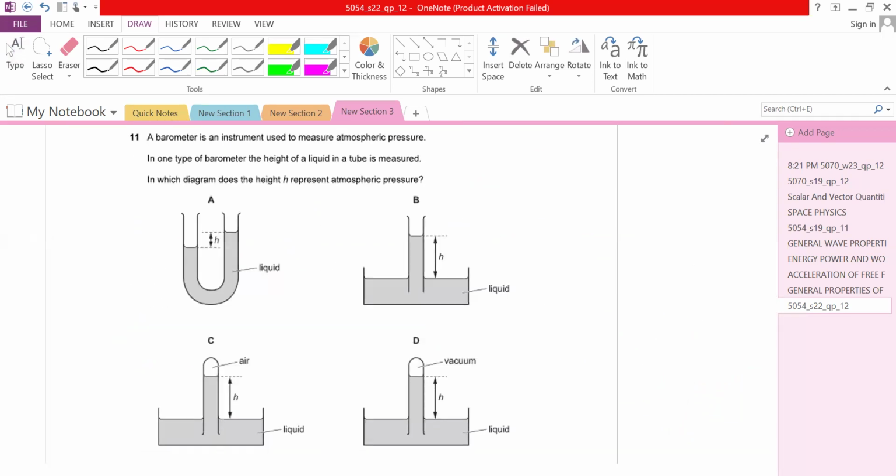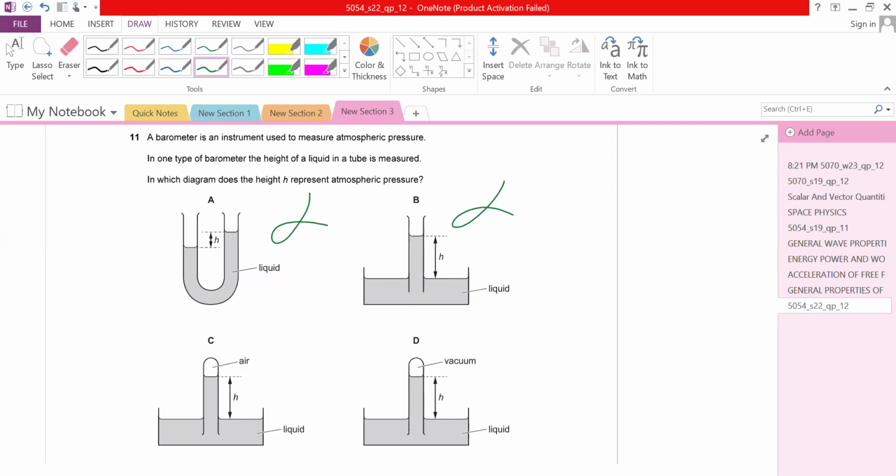A barometer is an instrument used to measure the atmospheric pressure. In one type of barometer, the height of a liquid in a tube is measured. In which diagram does the height h represent the atmospheric pressure? So option A and option B are incorrect because they do not show the barometer.